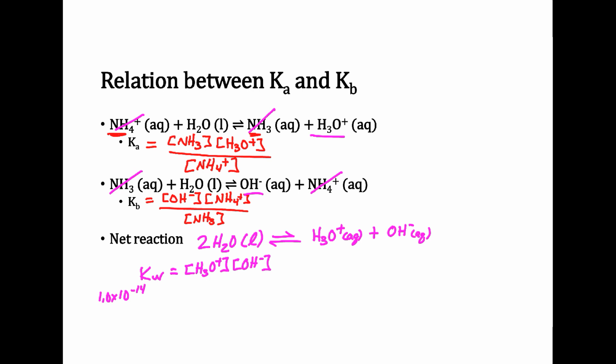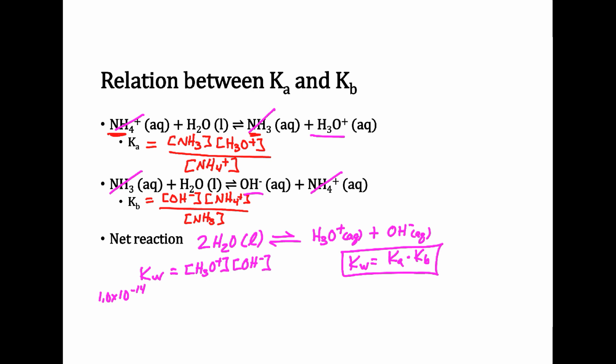So we know that if we're just combining reactions in an additive manner, we will actually multiply the equilibrium constants together. So what we'll end up seeing here is Kw is going to be equal to Ka times Kb. So this is a really useful relationship if you're going to be dealing with equilibrium constants.